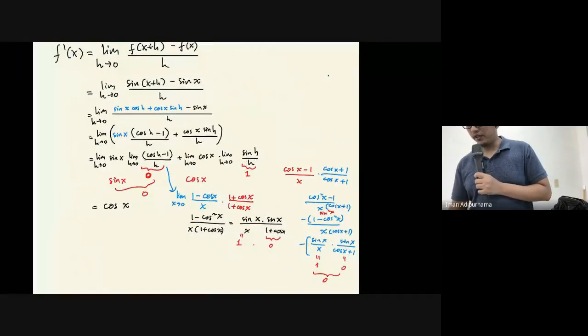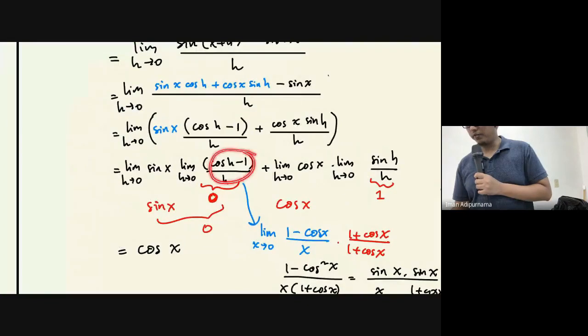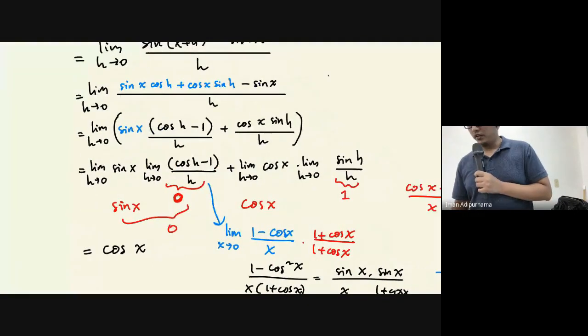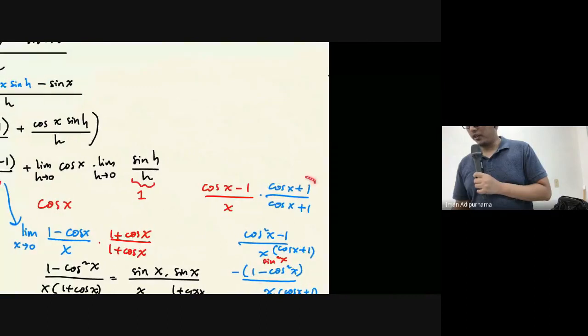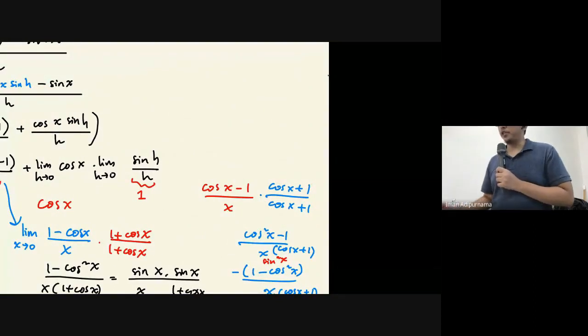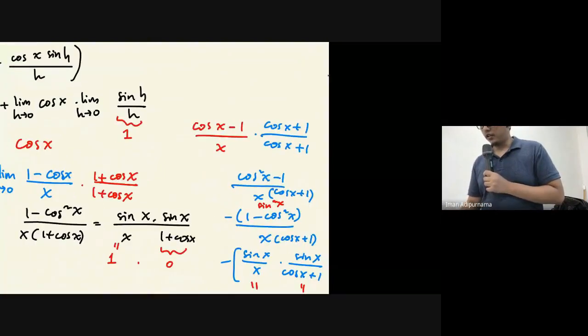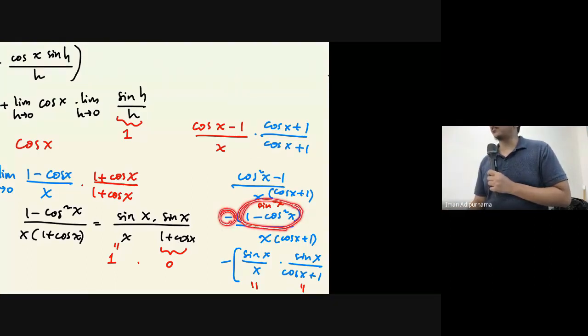So to solve this cos h minus 1 over h, first you need to multiply by cos h plus 1. You get this expression, and you can subtract and it becomes 1 minus cos squared. So 1 minus cos squared becomes sine squared. You separate the sine x.